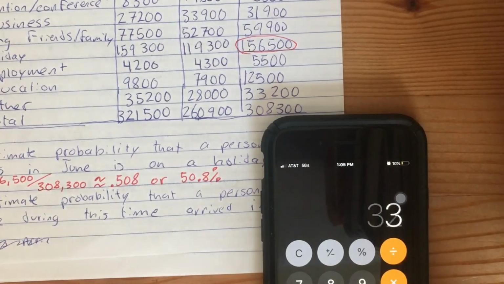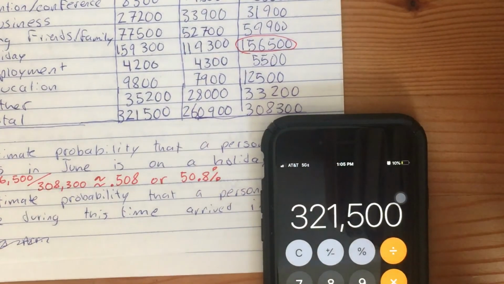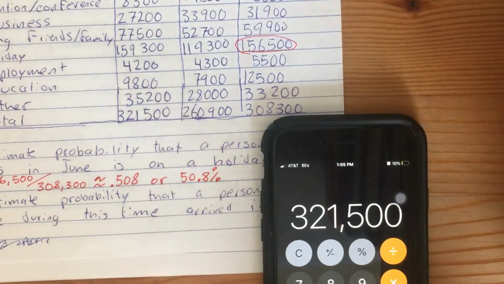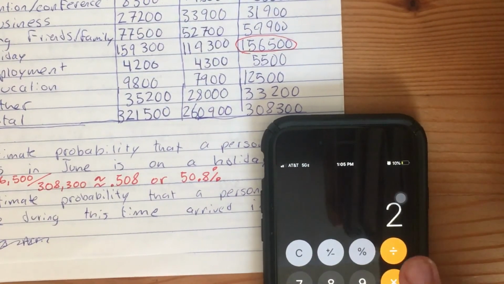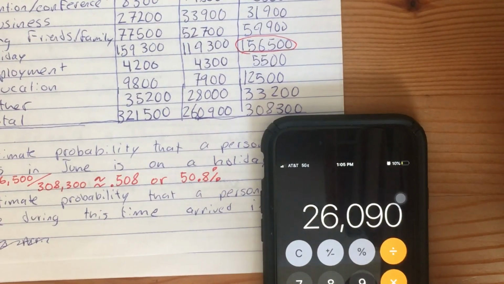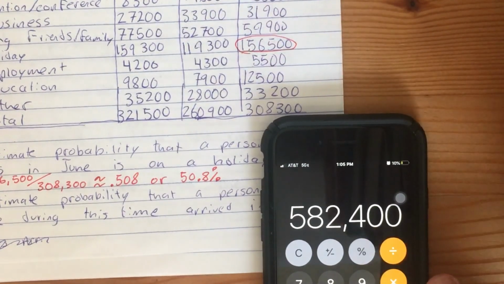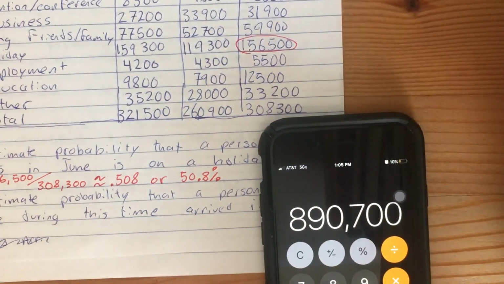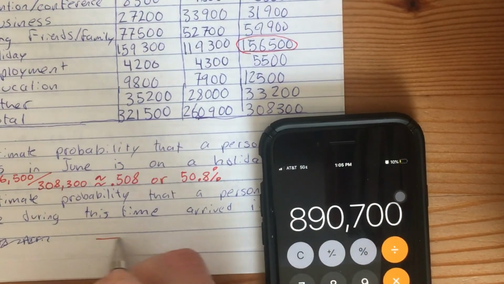So we're going to add those totals at the bottom: the total for April plus the total for May plus the total for June. Our denominator is going to be 890,700.